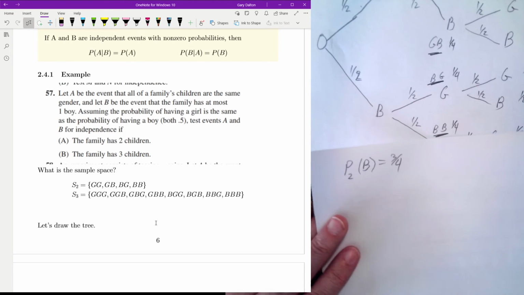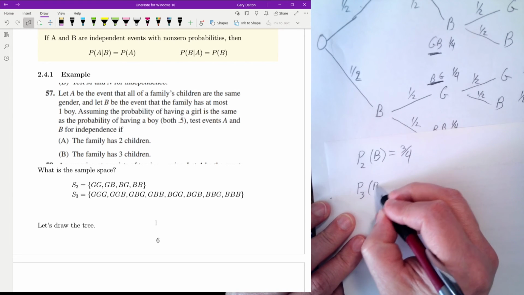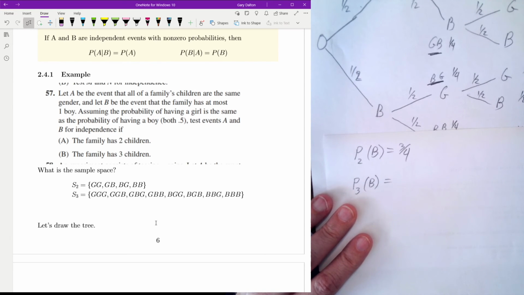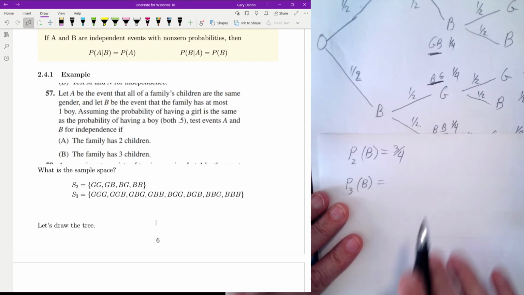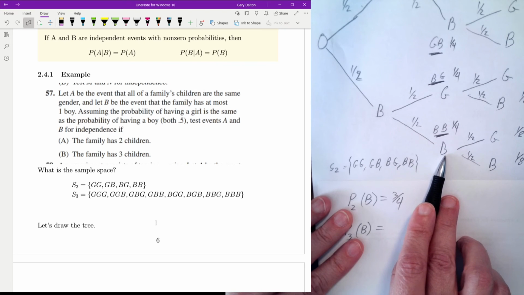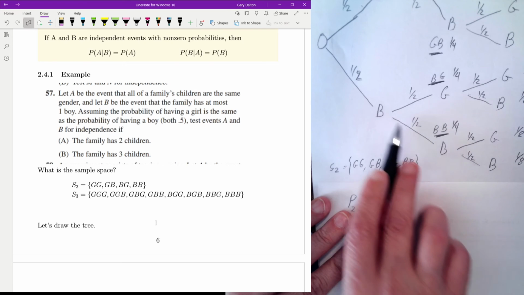And then given 3, the probability that they have at most 1 boy. So we don't want this branch.